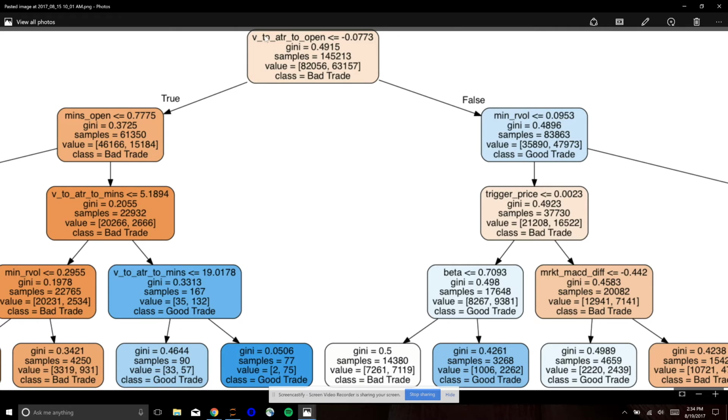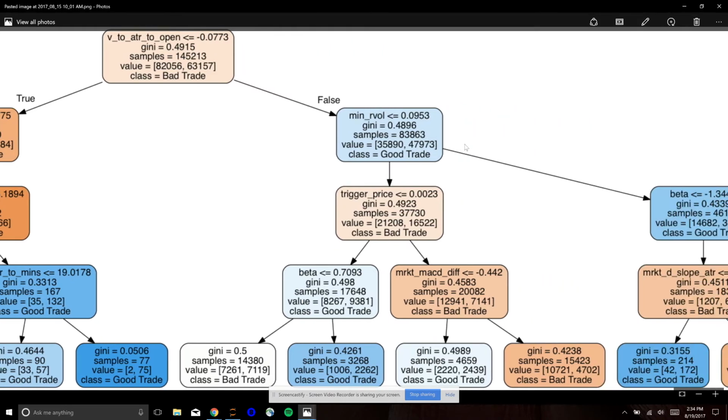The way I've done that in a lot of cases is to relate everything to the ATR of the stock. So this is what percentage of the ATR the stock has moved down since the open. If it is less than minus 0.073, then that's true, and we move down to this one. If it's not, then it's false, and all those samples go here.